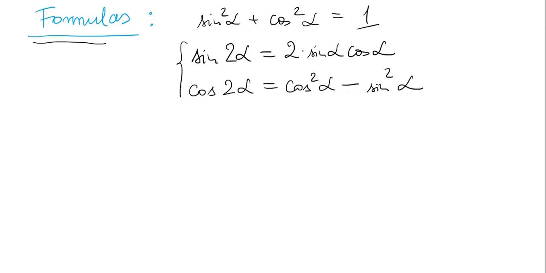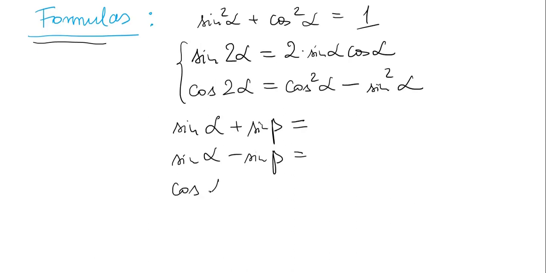These are very common in equations. And then you have a big, huge bunch of formulas which gives you the possibility to calculate, for example, sine alpha plus sine beta. Then you can subtract. Then you can calculate cosines. So you can do exactly the same with cosines.